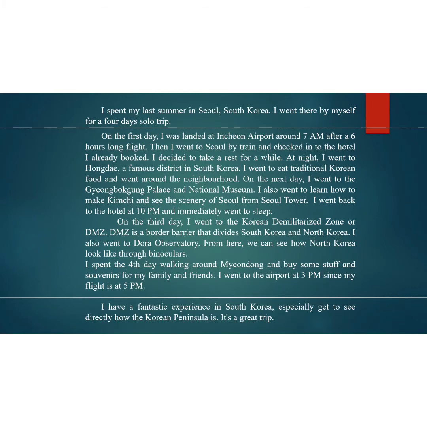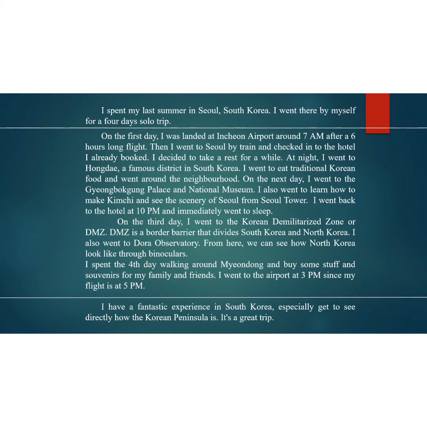On the next day, I went to the Gyeongbokgung Palace and National Museum. I also went to learn how to make kimchi and see the scenery of Seoul from Seoul Tower. I went back to the hotel at 10 p.m. and immediately went to sleep.